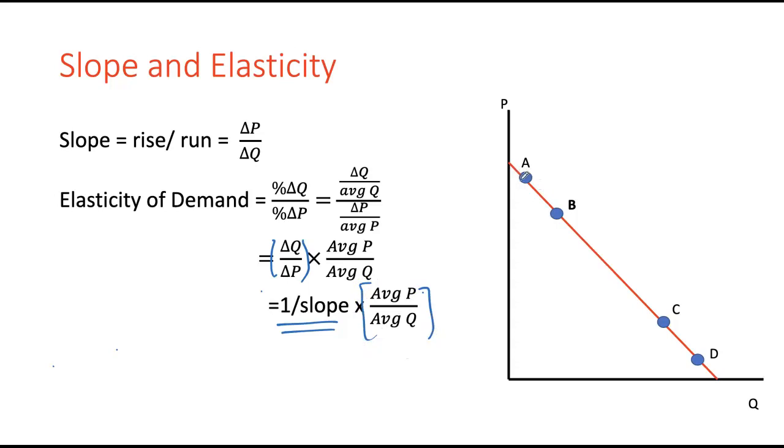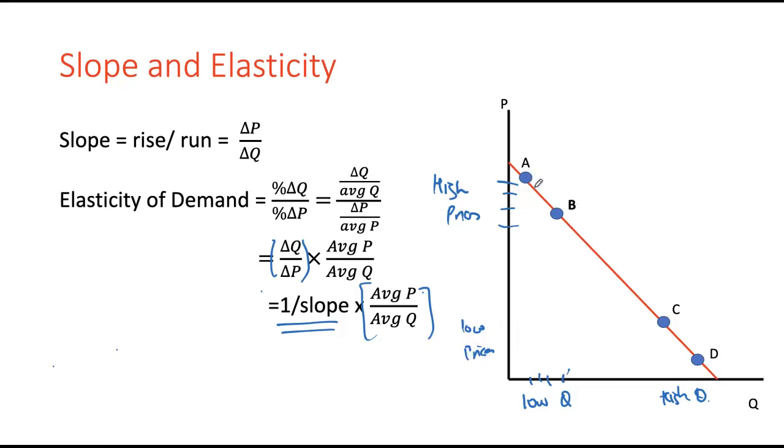Note when you're in the upper segment of the demand curve, so let's say at a point like A or B or somewhere in between, we're working with very high prices and correspondingly low quantities. In fact, if we move further down this demand curve, the opposite starts to happen. Between points like C and D, in the lower segment, I'm working with high quantities corresponding to low prices.